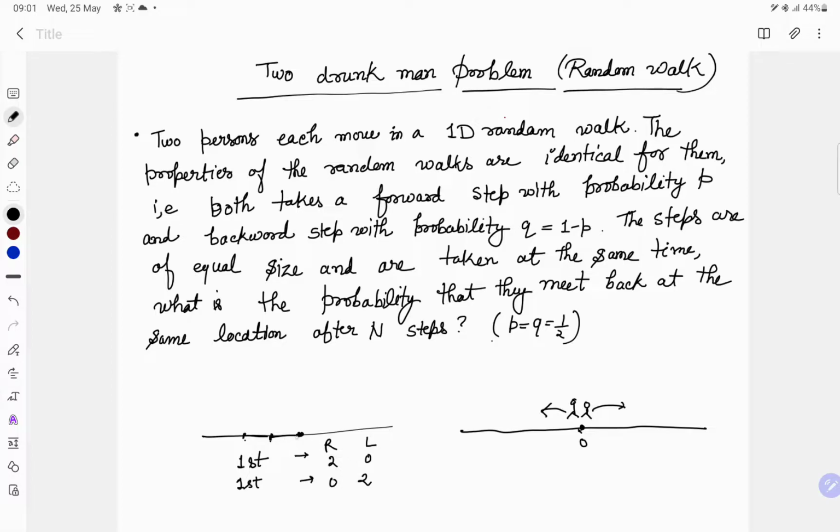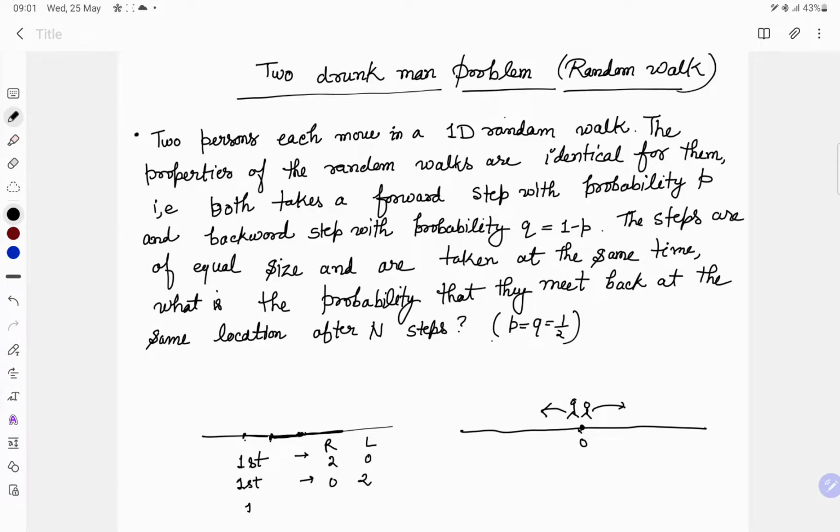Let's say the first person moves 1 step right and 1 step left, then he will move back to the origin, and the same thing has to be followed by the second one to be here.